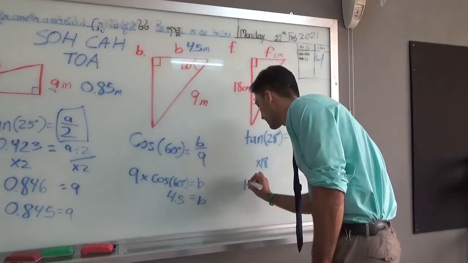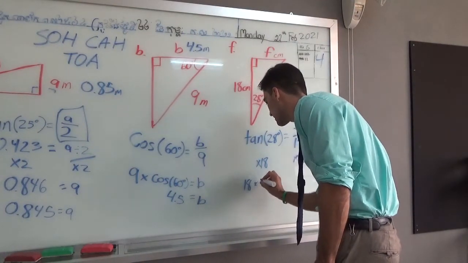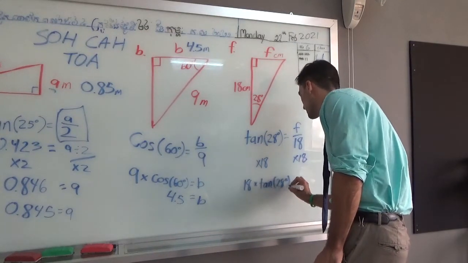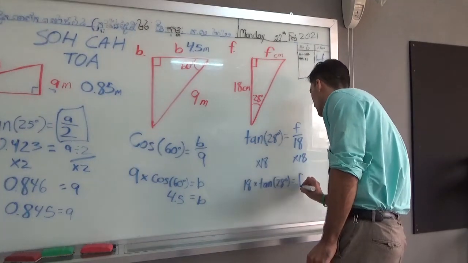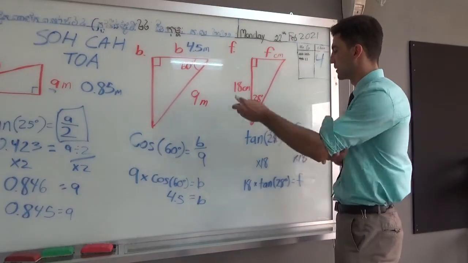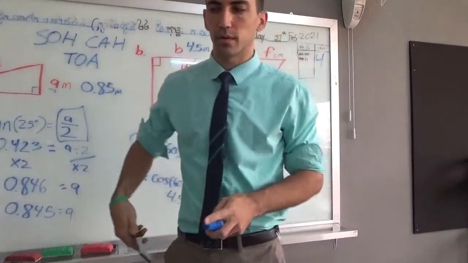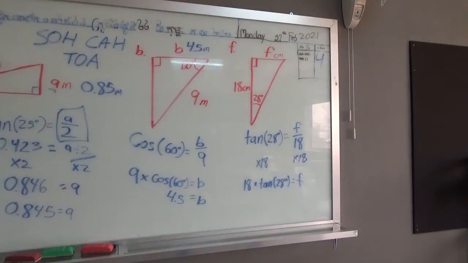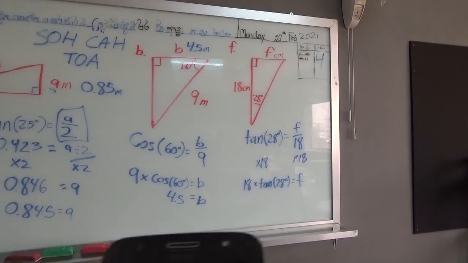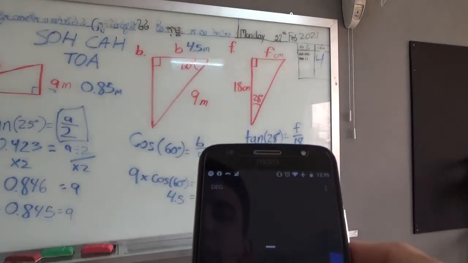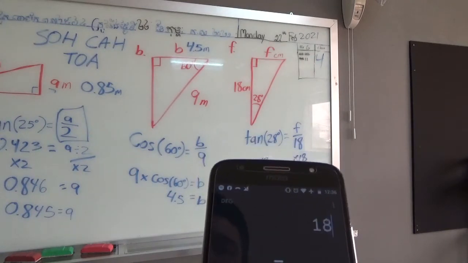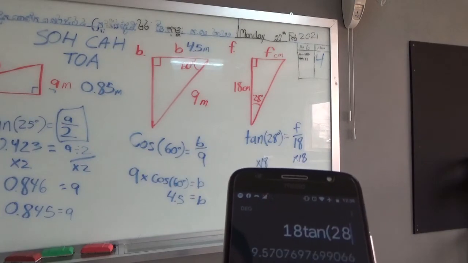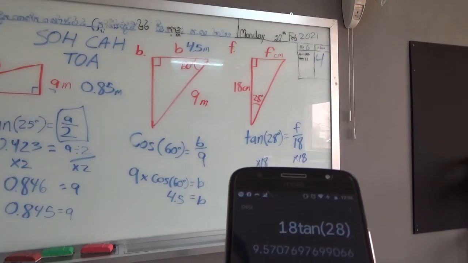So if I have 18 times the tangent of 28 degrees is equal to f, I will just use the calculator on my phone. I do have the answers all prepared already, but I want to show you how to do it. We will just say 18 tangent of 28 degrees.